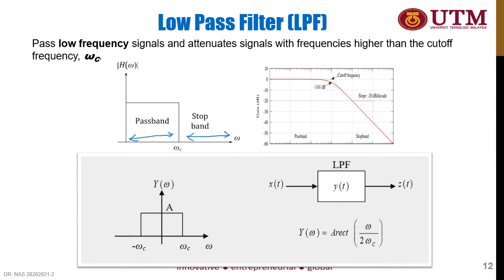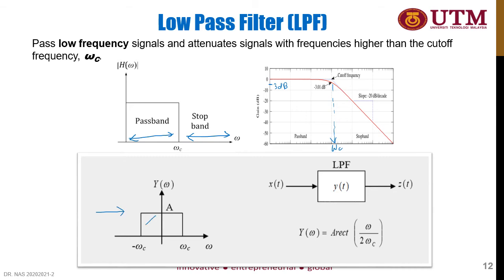So here is 3 dB. Remember, minus 3 dB from the maximum power. So this is where your omega c takes place. So the frequency response of the low pass filter can be illustrated as this.